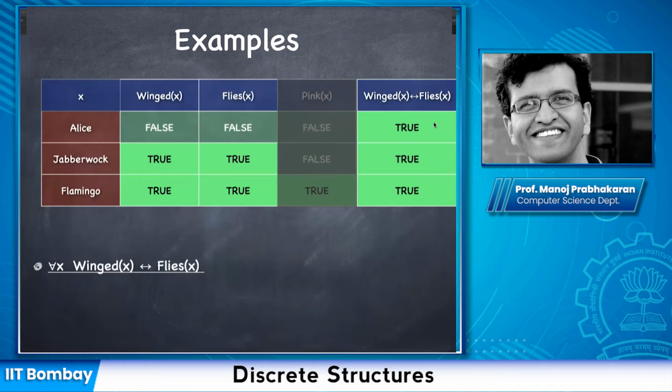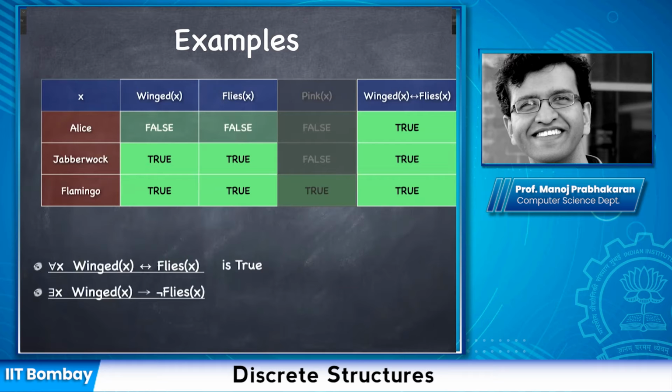So the result of applying the operator is true. And similarly, true is equal to true. So this entry is true, and the last entry is also true. So every entry in this column happens to be true. So for all x, winged x if and only if flies x is a true proposition.